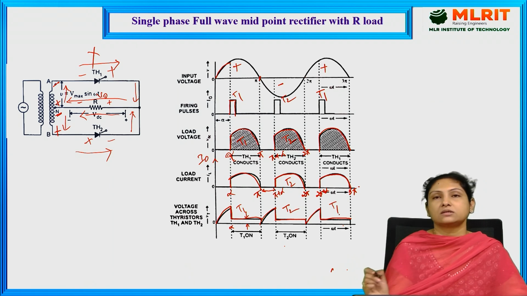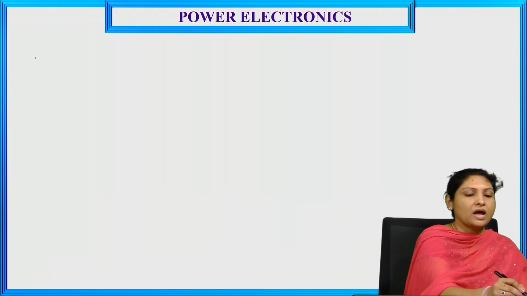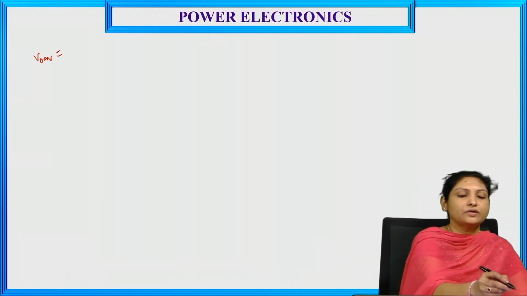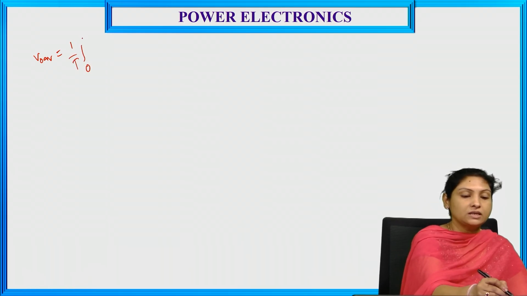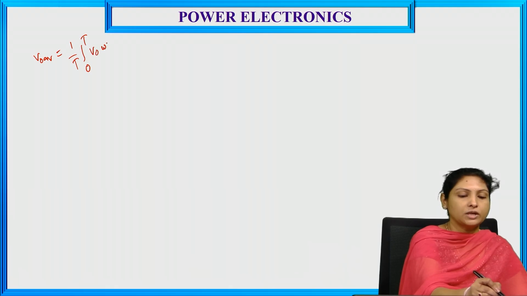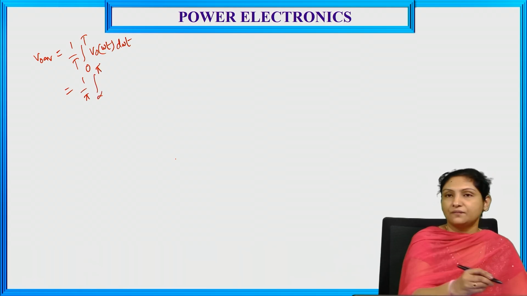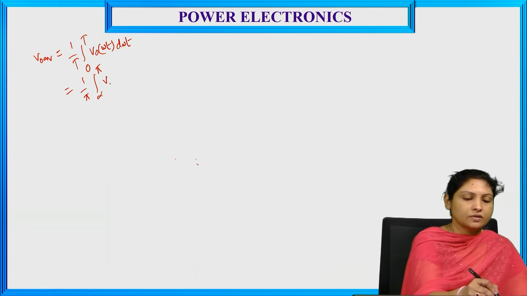So this is the voltage across thyristor 1 and this is the voltage across thyristor 2, thyristor 1. Let us now derive the expression for V0 average for single phase full wave midpoint converter. The general formula we have is 1 by pi, integral 0 to pi of V0 of omega t d omega t, where it is actually conducting from alpha to pi. We have the waveform where V0 is equal to Vm sine omega t d omega t.